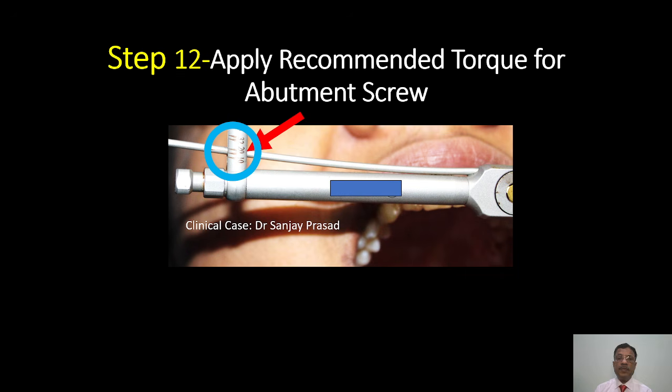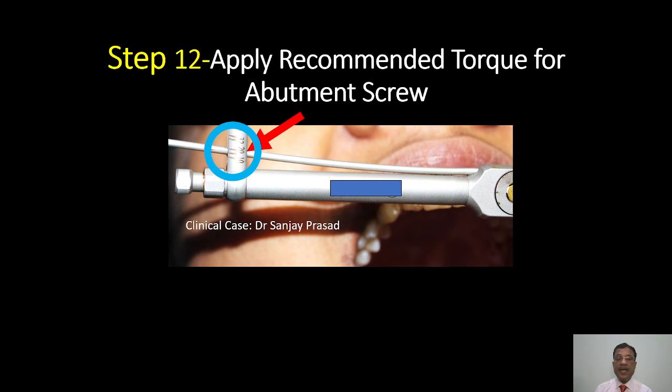In step 12, this is another important step, that we ensure that the recommended torque is applied to the abutment screw, so that the implant and abutment are in a proper stable position. If we apply too little torque, then there is a chance of screw loosening.